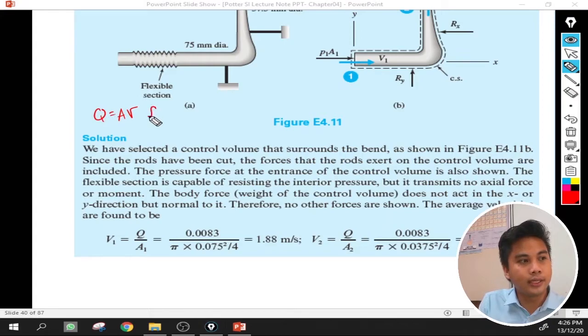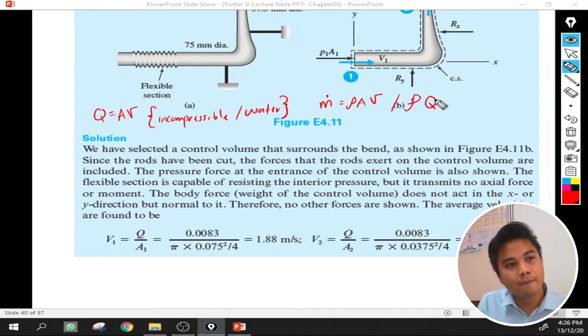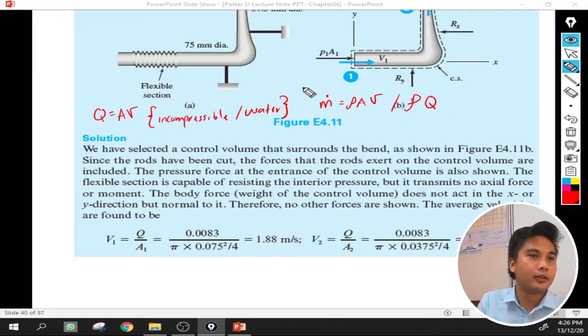This is only for incompressible flow, which we call water. If it is a gas, we need to use the mass flow rate, which is rho A V or rho Q.